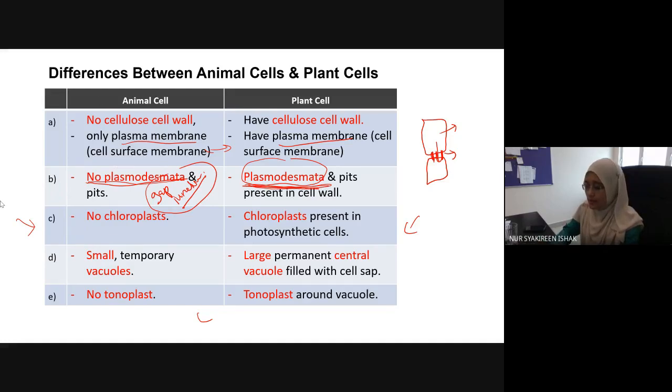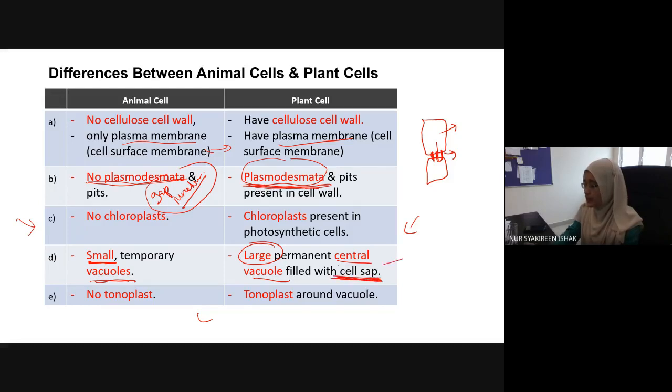And for animal cell, they do have vacuole, but the size of the vacuole is much smaller. But for plant cell, they have a large central vacuole which is filled with cell sap.